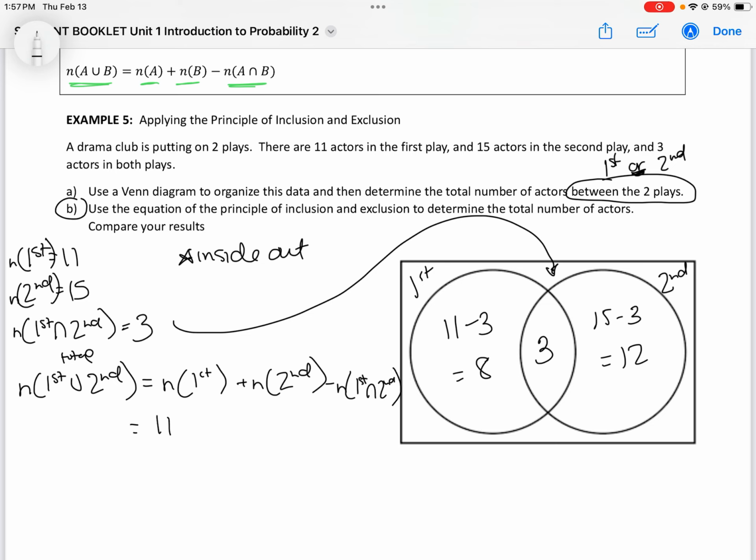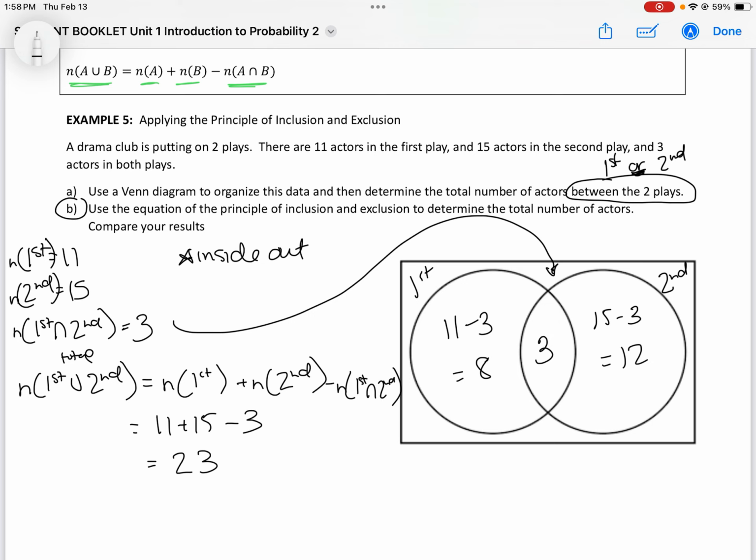Okay, so we get 11 plus 15, but we've double counted, so we have to subtract what's in the middle, which is that double counting. So we can see that the total number of people is 23 across both plays.